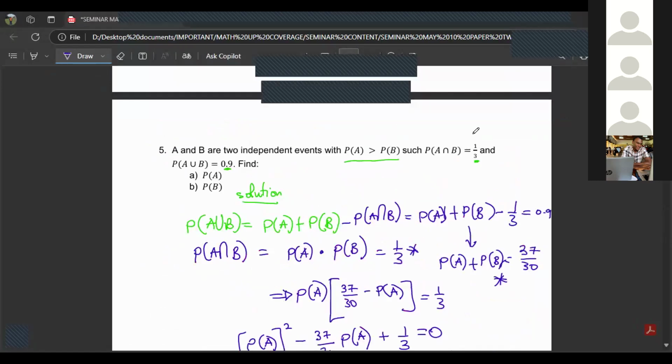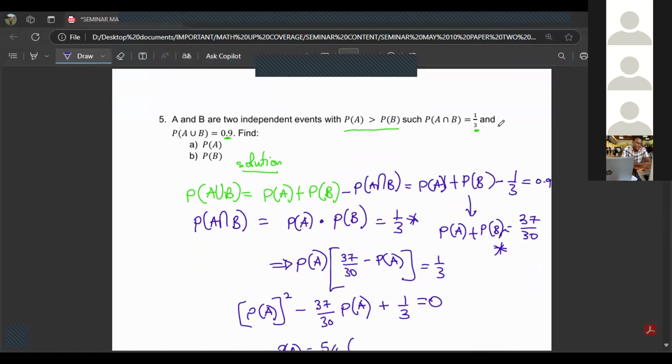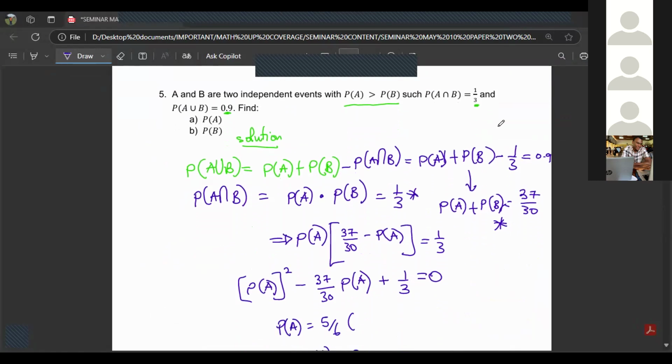Yes, please. I don't know if you can see my screen. Yes, I can see the work, but I thought when they're independent events, we don't include the intersection.